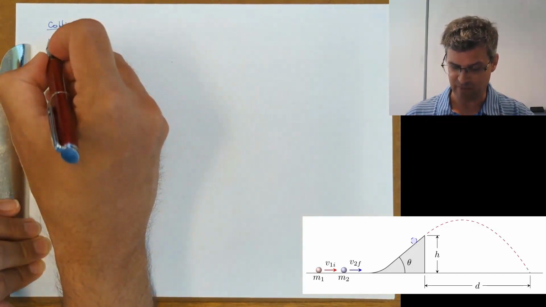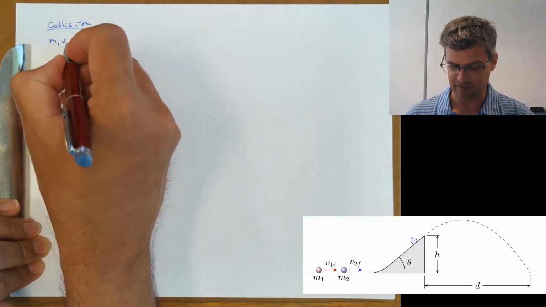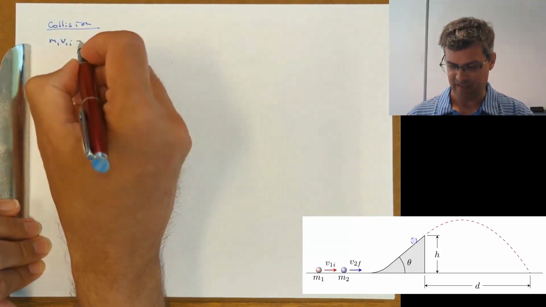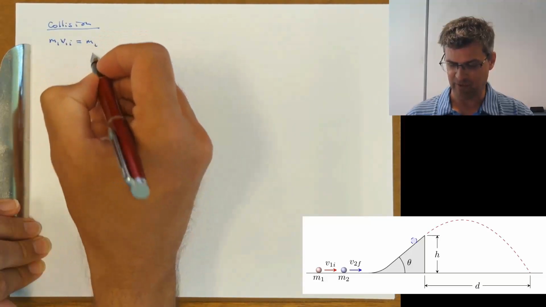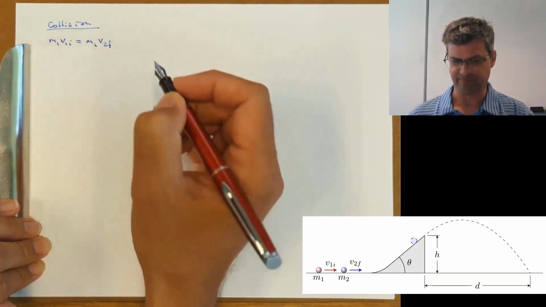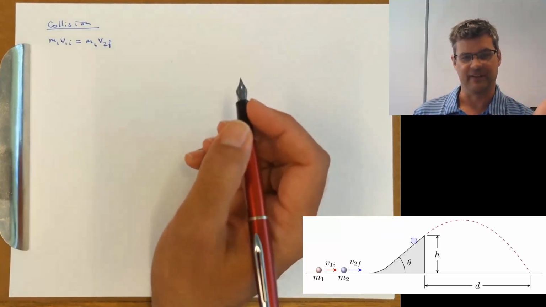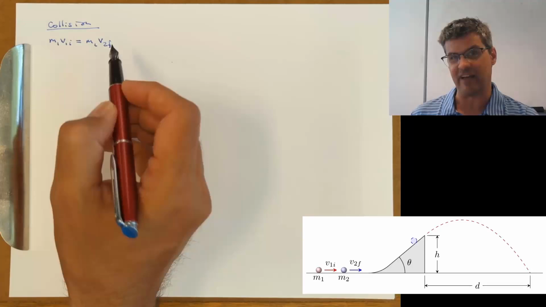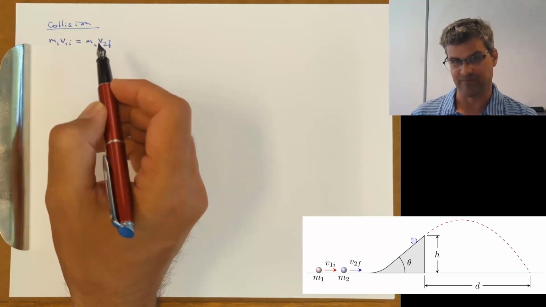So we start with M1 V1 initial worth of momentum. After the collision, we only have M2 moving at V2 final. That's all we've got. So this is the equation that explains everything that happens with the collision.